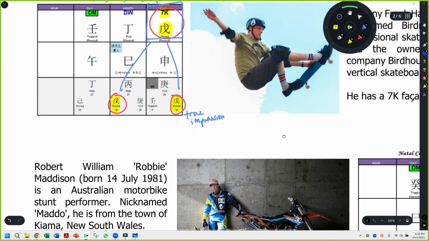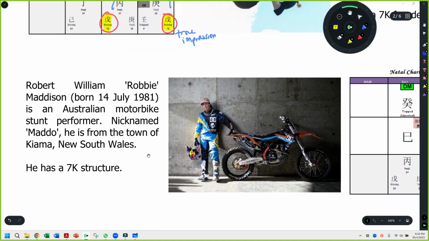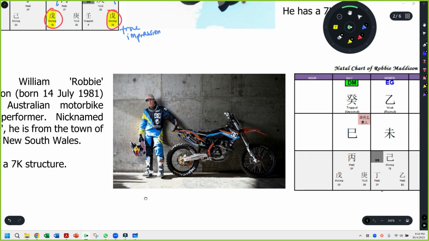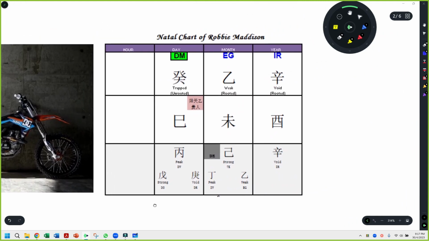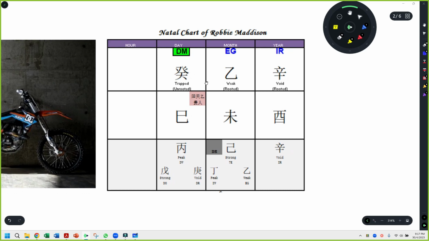Now we take a look into the next person by the name of Robbie Maddison, a motorbike stunt performer. So, high risk motorcycle. If you look into his chart, Robbie Maddison is a Water Day Master born in the month of the goat.